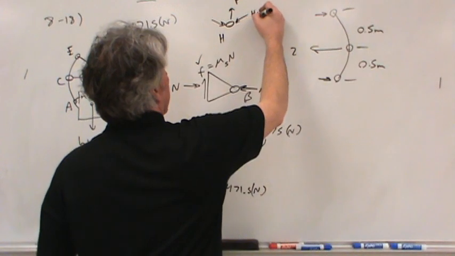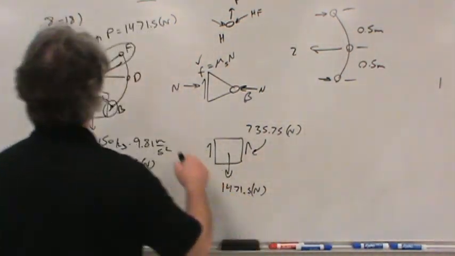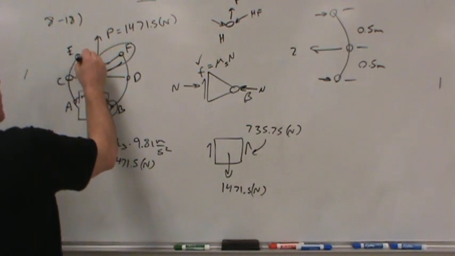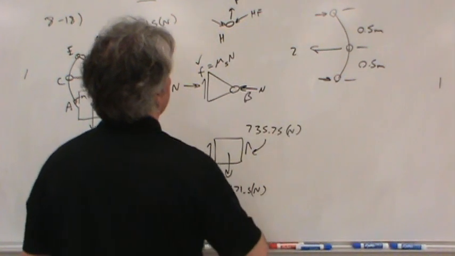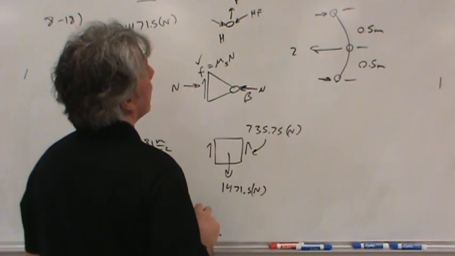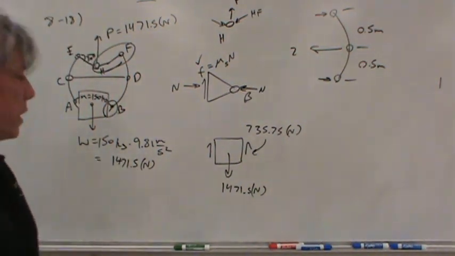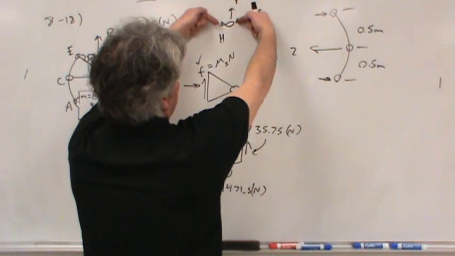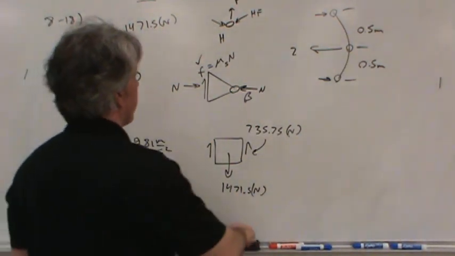So let's just call this HF. And we know the angle is a 30-degree angle here. So let's just calculate, what do you think? Sum of forces in X or Y? Sum of forces in X would just tell us that these two forces are equal to each other. So I think summing forces in the Y direction will be more beneficial.